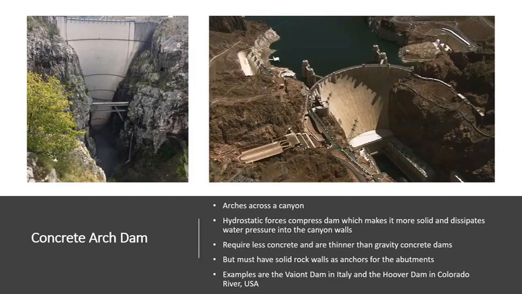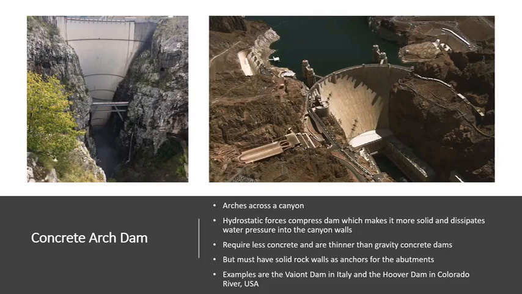Another type is the concrete arch dam. This one relies on an arching effect to transfer all or most of the load from the reservoir to the solid rock abutments. Alright, so you have an arc, and the force of the reservoir is actually being transferred from the dam into the rock abutments.